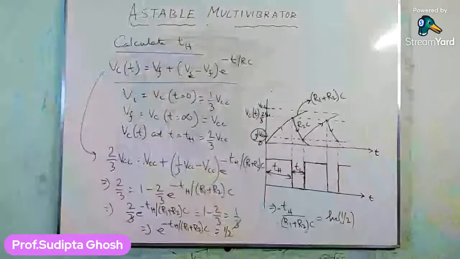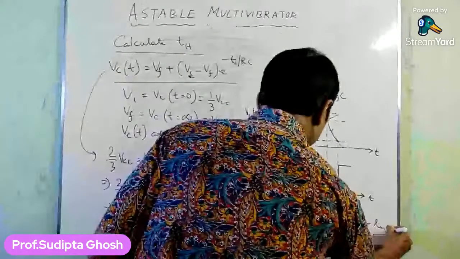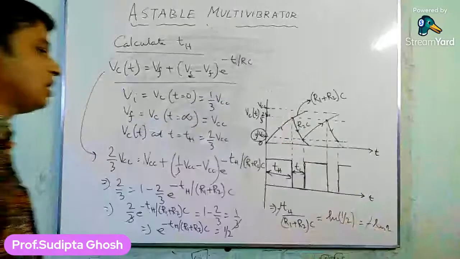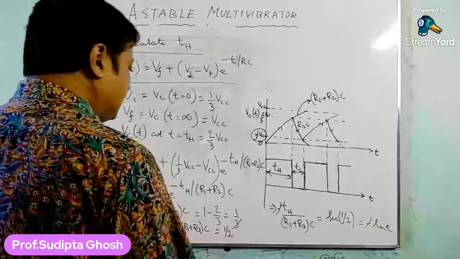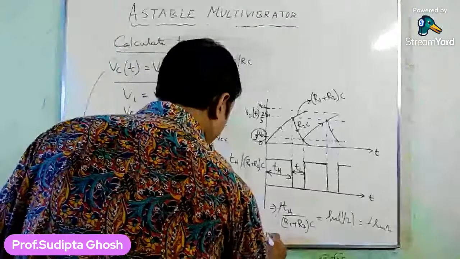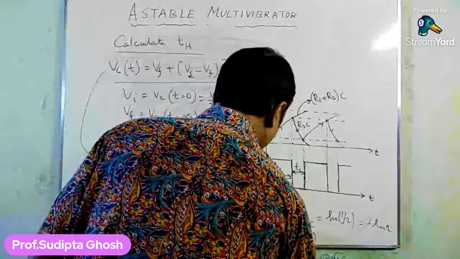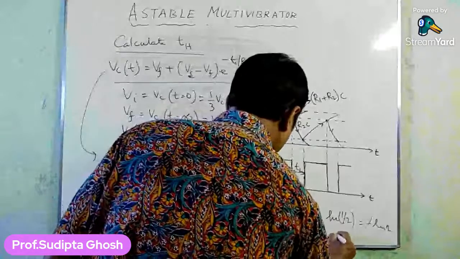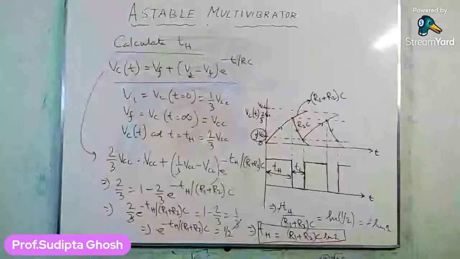Now ln half means ln 1, which is 0, minus ln 2. So the value will be minus ln 2. We can cancel out the minus signs, and then we have th equals R1 plus R2 into C into ln 2. So this is the value of the high time period.